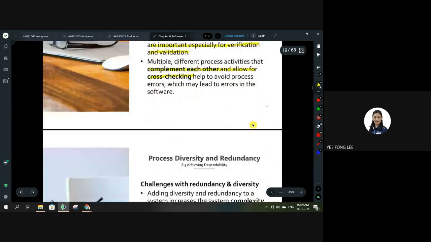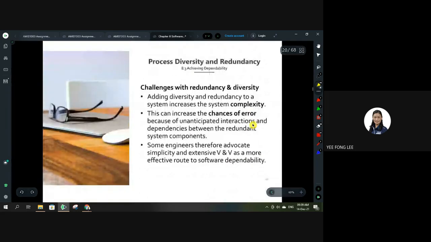Next, we look at the challenges here. Complexity. Diversity and redundancy will enhance the complexity of the system, and sometimes it could be harder to understand.